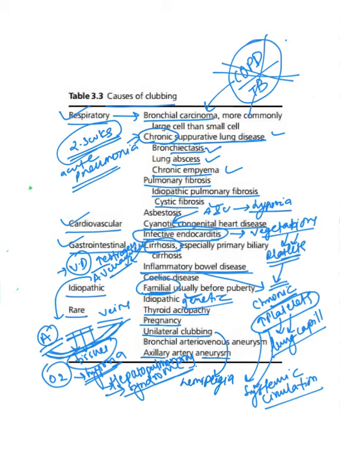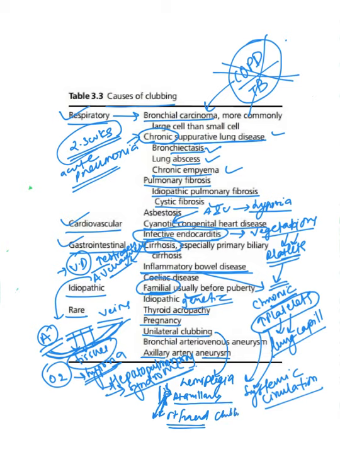So suppose there is a right axillary artery aneurysm. Aneurysm basically means a dilatation in the vessel wall. So in this pouch there are small clumps which accumulate, and these clumps dislodge into the distal circulation. So suppose this is a right axillary artery, the clumps will get dislodged into the right radial and right ulnar artery and will go into the fingers of the right hand, and only the fingers of the right hand will have clubbing.